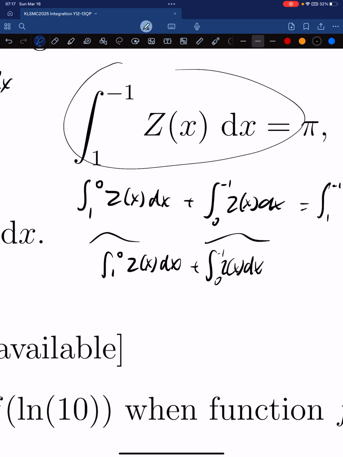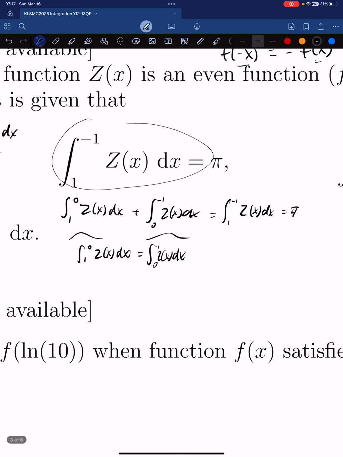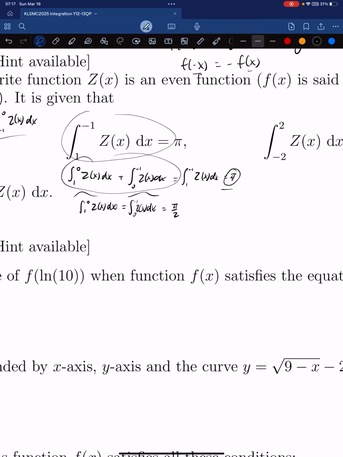Sorry, these two are supposed to be equal to one another, and they will basically just split this pi into equal parts. So they both will equal pi over 2. So pi over 2 plus pi over 2 gives us this pi, right?